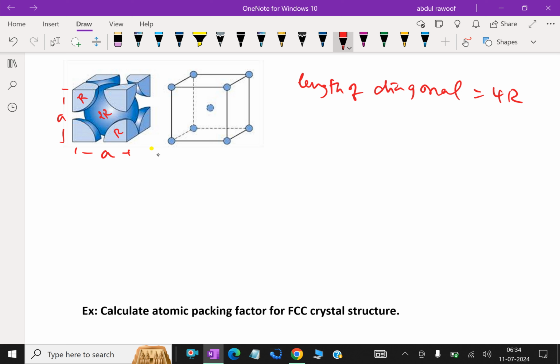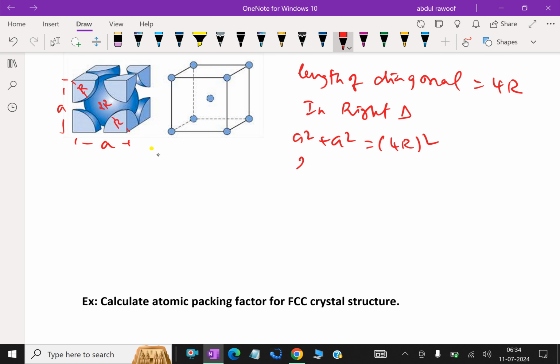Now look at this right triangle. By Pythagoras, a squared plus a squared equals (4r) squared.